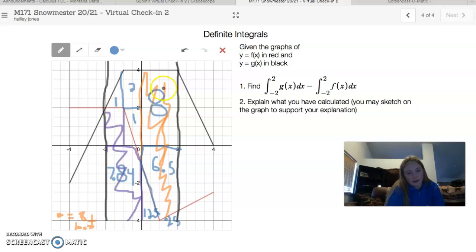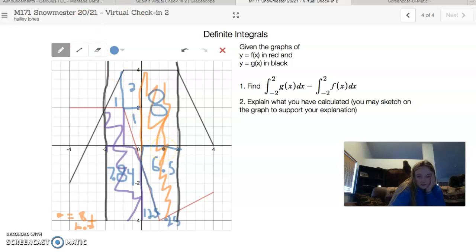And then I broke these up into triangles and was able to read from the graph the numbers and lines that are already there. And I got 1, 1, 2, and then this is pretty easy because it's just a height of 4 and a base of 2, so that's 8.